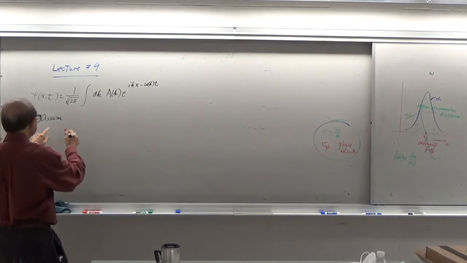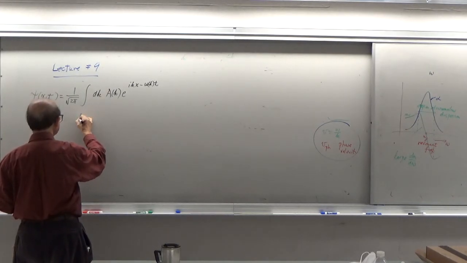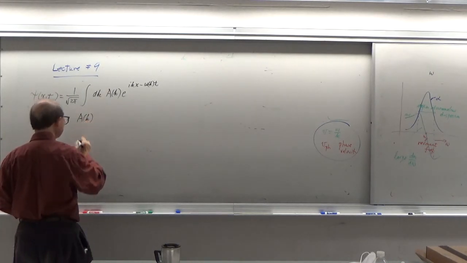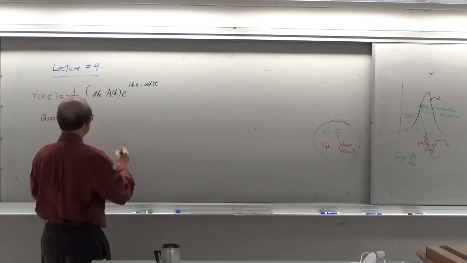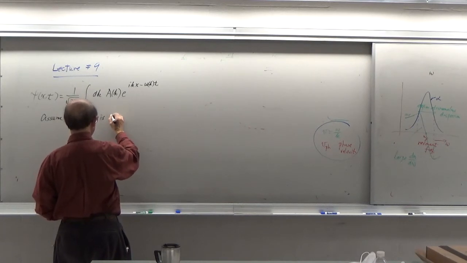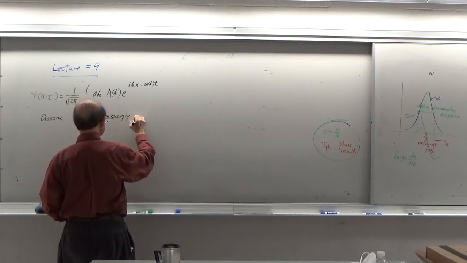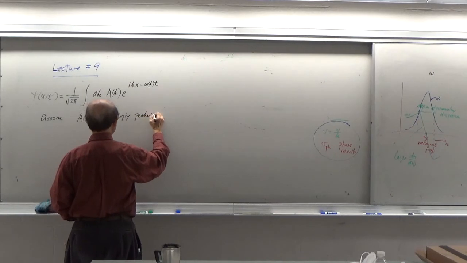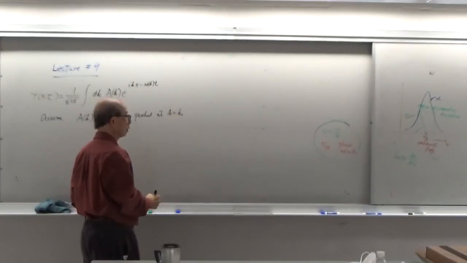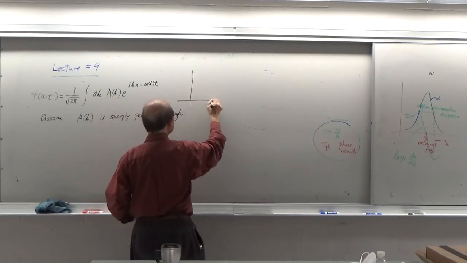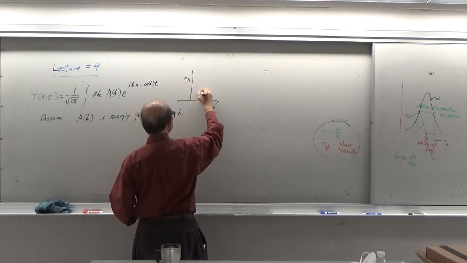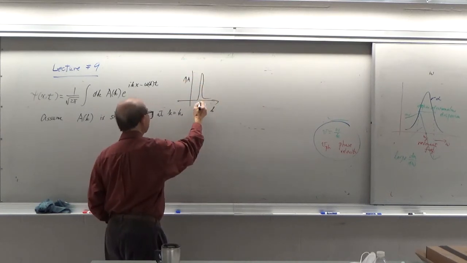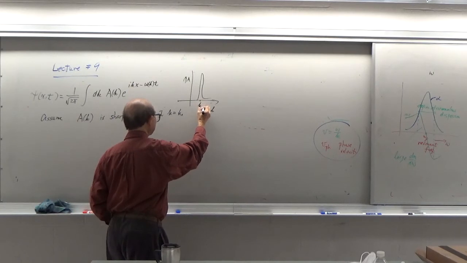All right, let's assume that A of k is sharply peaked at a certain value of k, at k equals k naught. For example, if you plot A of k, it is sharply peaked around this value k naught.